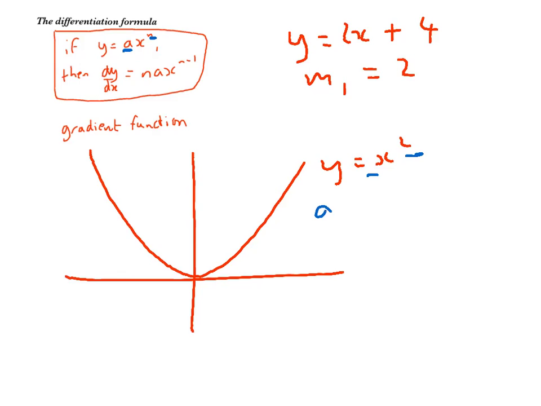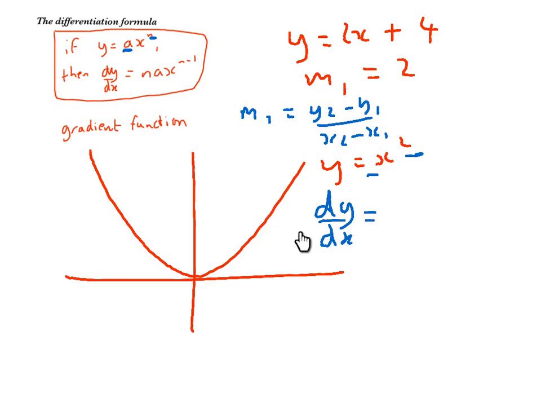So dy over dx means the change in y over the change in x, just like when you were finding your gradient m1 equals y2 minus y1 over x2 minus x1 in your straight line graphs and your coordinate geometry. The same sort of thing is meant here with this dy over dx, the change in y over change in x, and dy over dx is the notation used to express that.